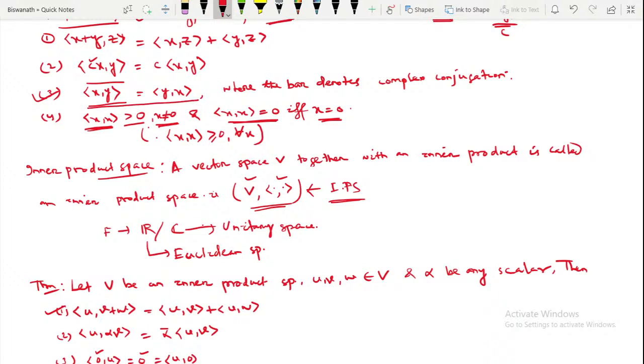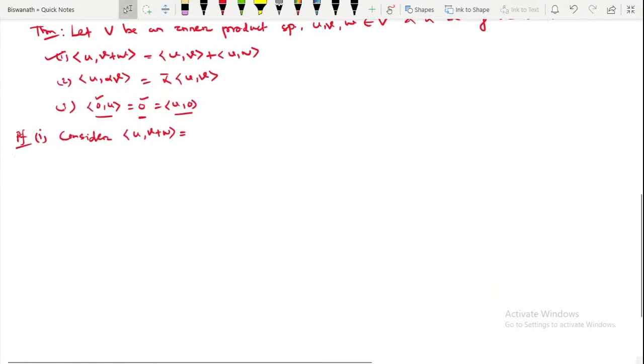That means if we interchange the order, there will be a conjugation. So we can write it as the inner product of v plus w, u, with a bar over it.